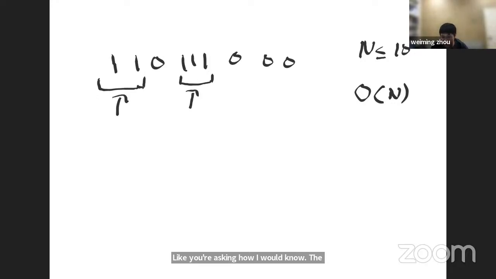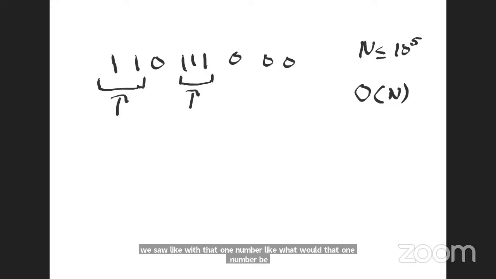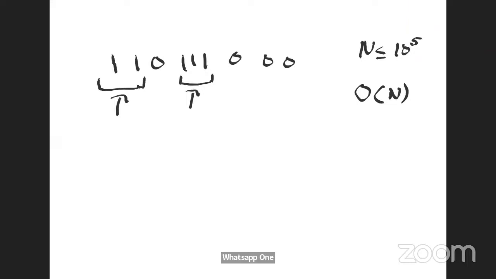Like you're asking how I would know the answers individually for this clump of size 2 and this clump of size 3 if I'm just dividing to get one number? Yeah, wait, so what would that one number be, the position where the infected cows are? Wait, so what's the one number that you're referring to? The x over 2 times n plus 1.